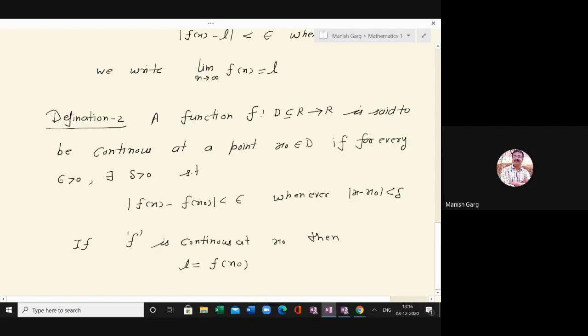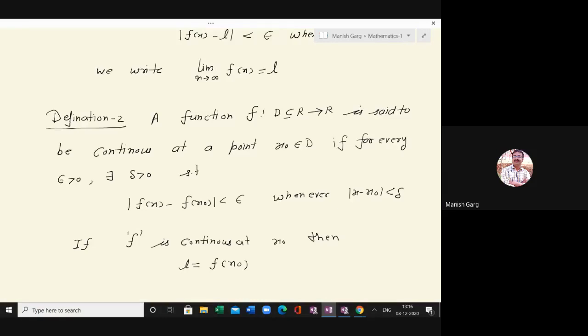So the difference between limit and continuity is that a limit can be defined without defining the function at that point. It is not compulsory that the function must be defined at that point.